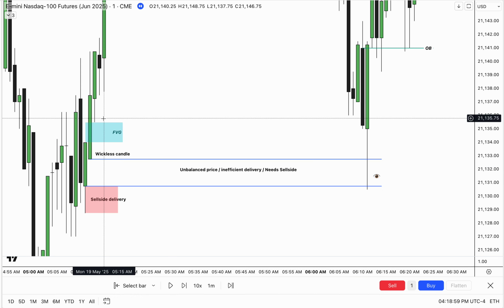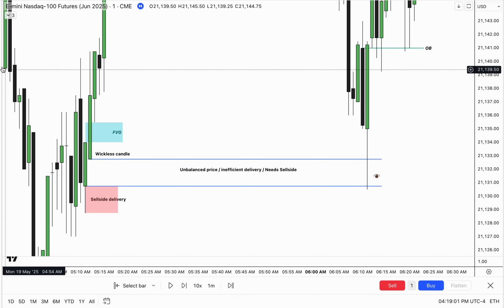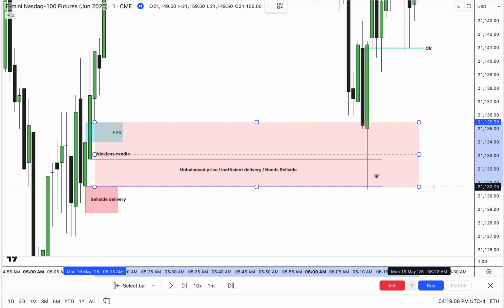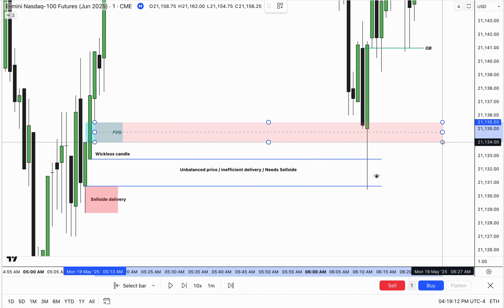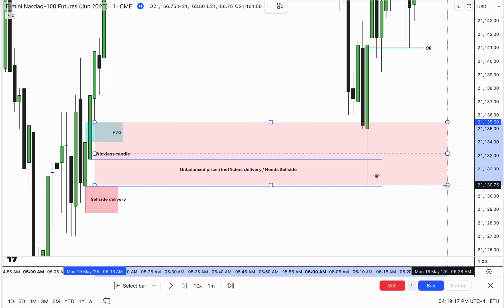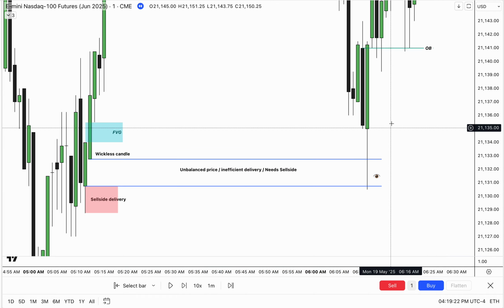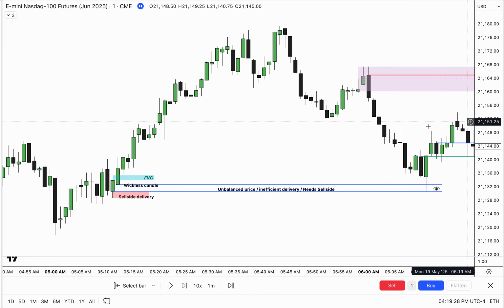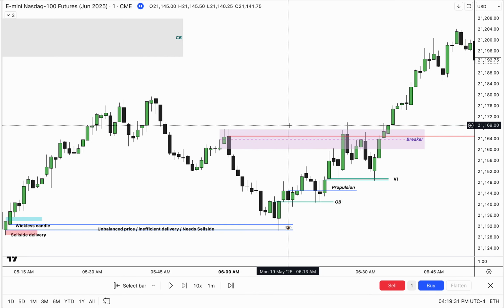From this candle's low down to here, there's no sell side delivery. Okay, we have that fair value gap, but we also have this wickless candle all the way down to the open. So I don't know. Just monitor that stuff as being unbalanced. I don't know what to call it.